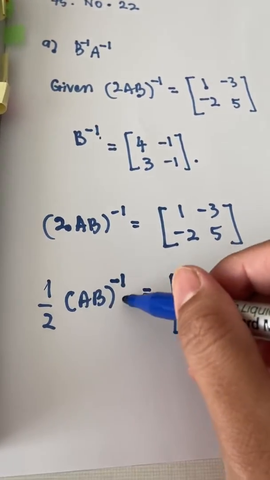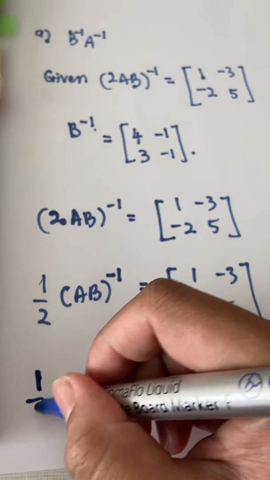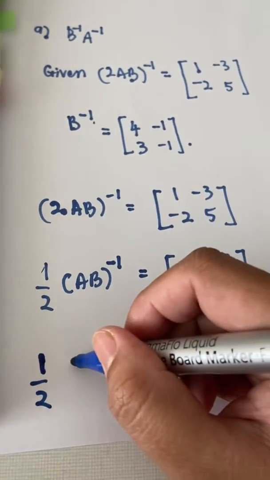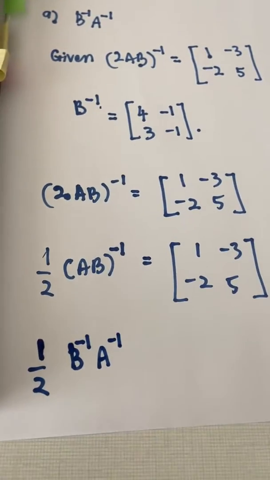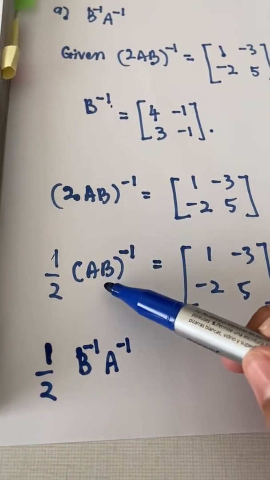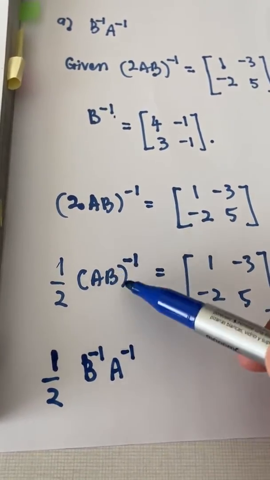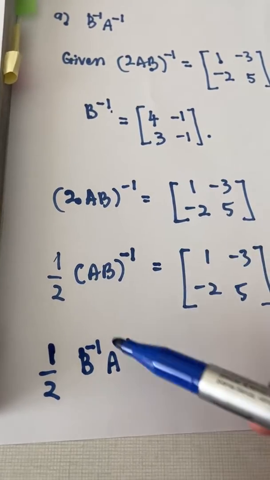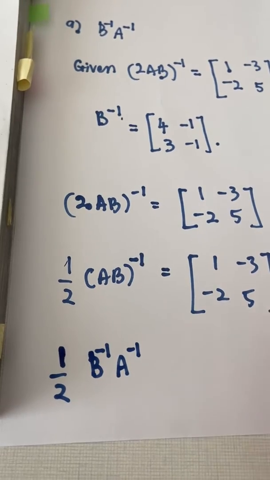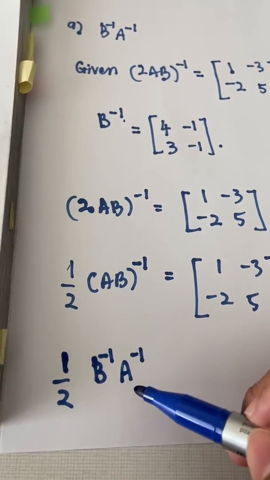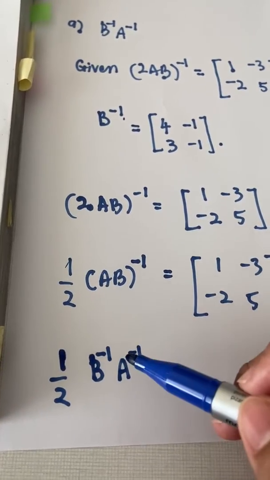So bila kita expand yang ni, dia akan jadi 1/2, we write down. So you get B inverse, A inverse. So bila you kembang, dia terbaliklah dia punya location. So kalau you nampak kat sini AB, so in bracket you ada inverse there. But bila you buang the bracket, bila you expand, you akan dapat B inverse, A inverse. So the location dia dah berubah.